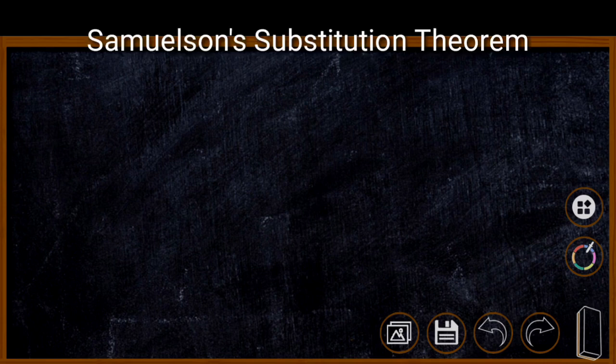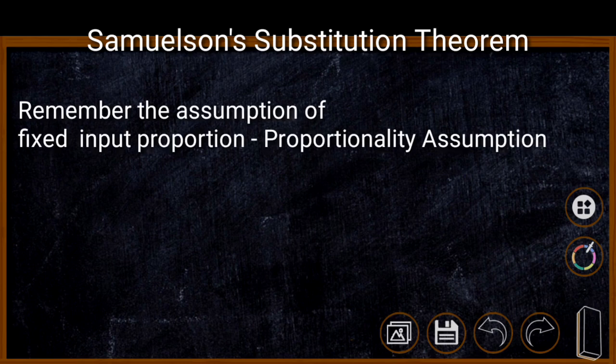First of all, we are moving to Samuelson's substitution theorem. In the input output analysis, we have assumed that the proportion of the inputs usage remains fixed. In the proportionality assumption, we have said that the required input to produce a particular level of output remains fixed.